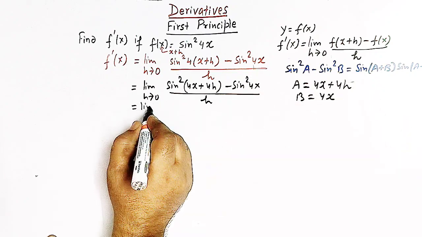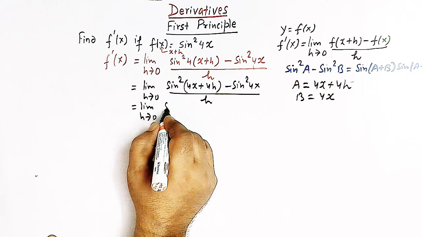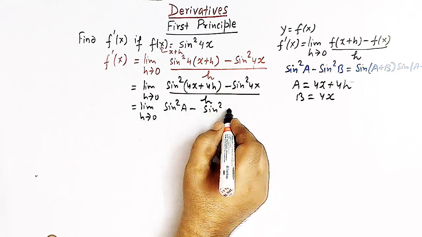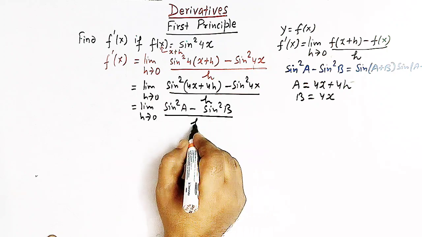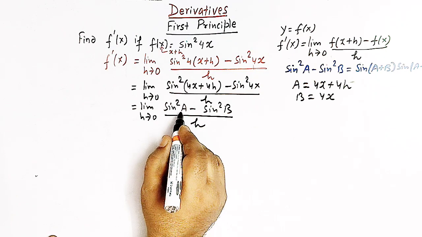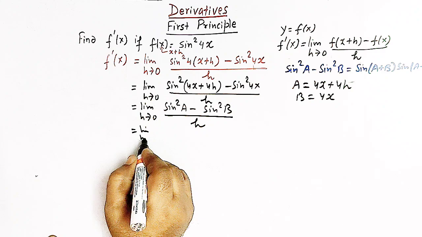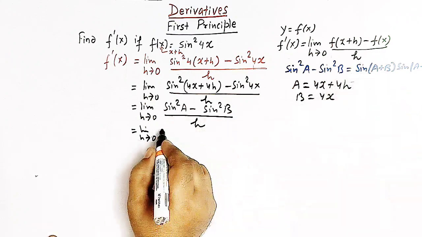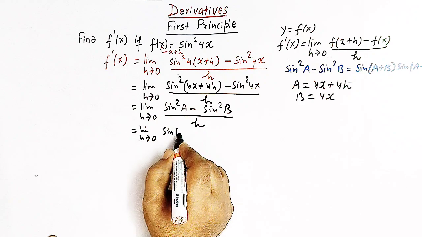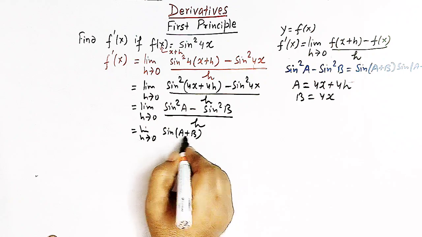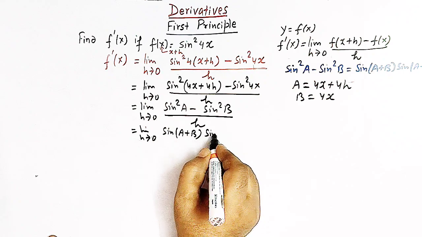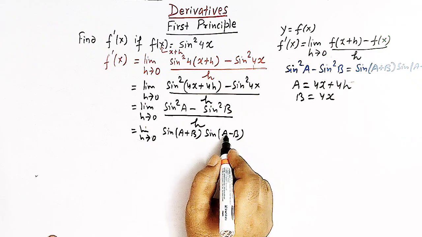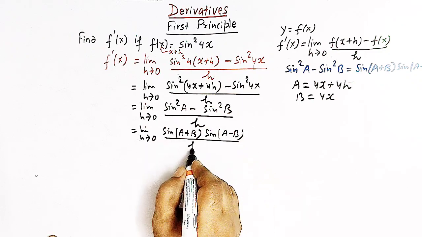So now we have limit h tends to 0 sine square a minus sine square b divided by h, right? So now we can write sine square a minus sine square b as the product of sine a plus b, that is sum of a and b, and sine of a minus b, that is difference of a and b, and here we have h.